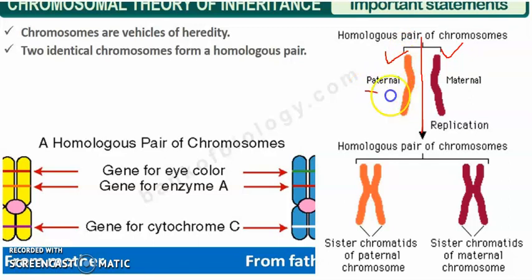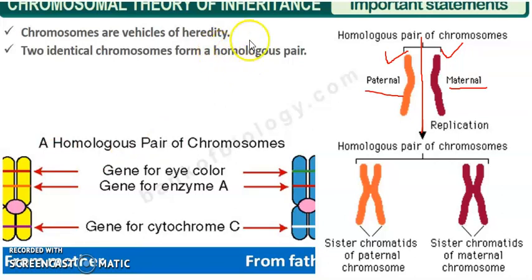Paternal is what is received from the father, and maternal is the chromosome we receive from the mother, right? And when cell division happens, copies are made of the chromosomes, and they have to enter into the new cell, right?